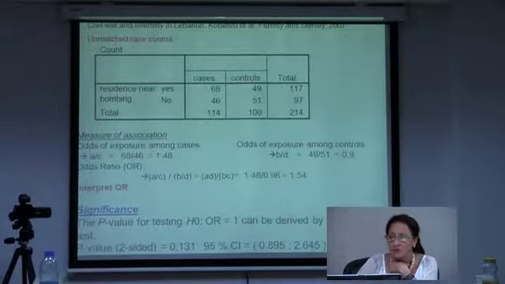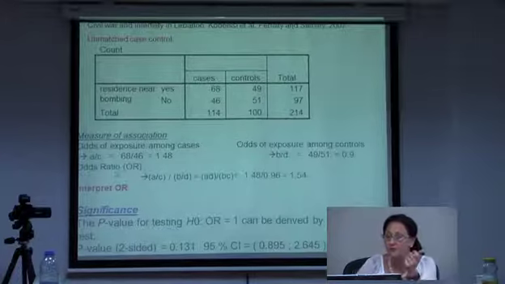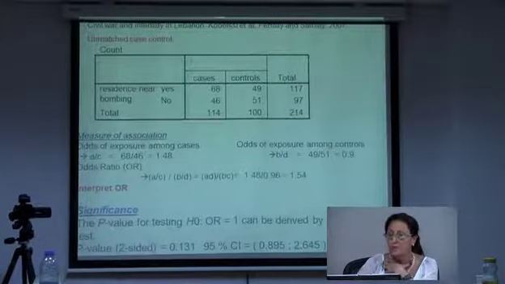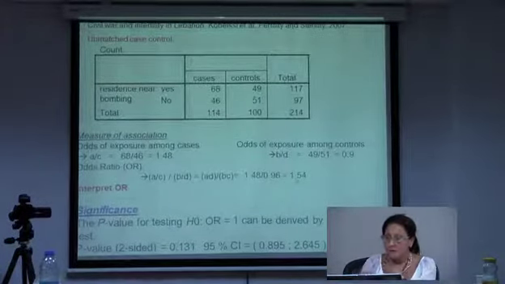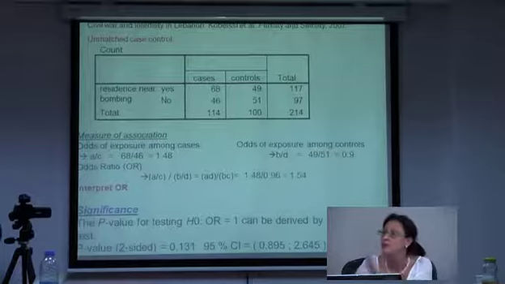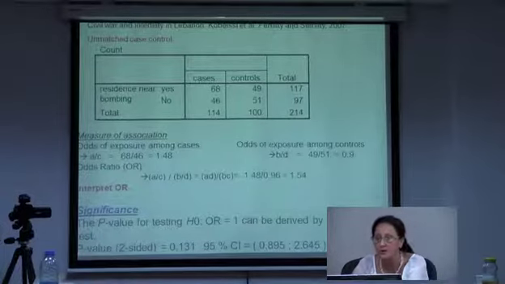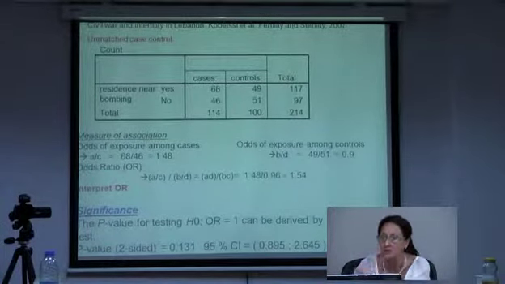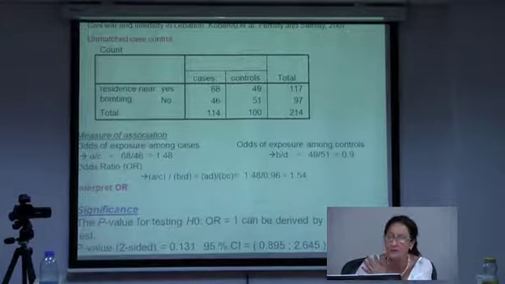And what's the odds of exposure among controls? 49 over 51. So this is the odds. What's the odds ratio? It is the ratio of these odds, which is 1.54. So this means that cases have a 1.54 greater odds of being exposed compared to controls, because we're looking at odds of exposure among cases compared to odds of exposure among controls.